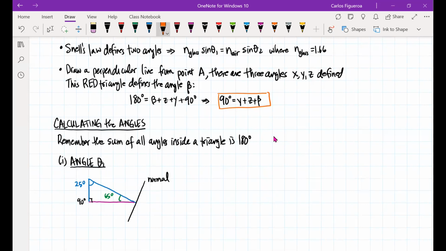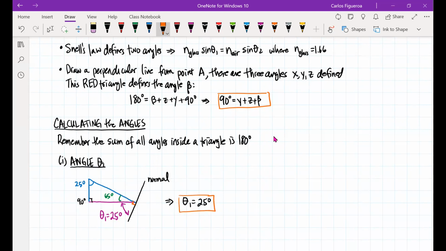This tells me that this is another right triangle. If this is another right triangle, then the sum of these angles has to be 90 degrees, which tells me that the angle from here to here, which is theta 1, must be 25 degrees. So right away, using basic geometry, we see that theta 1 is 25 degrees.